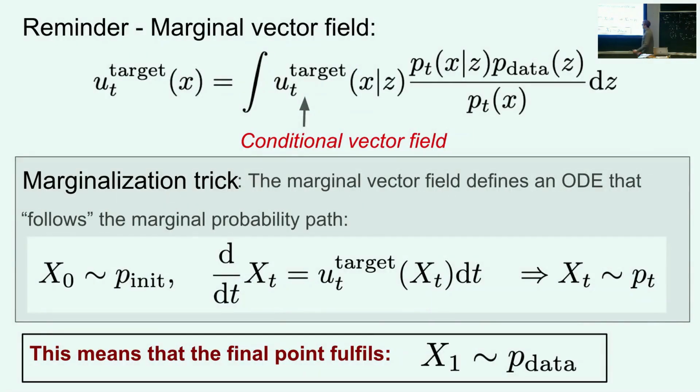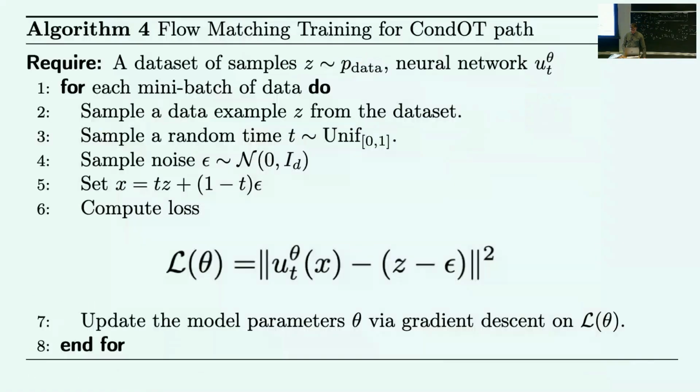This object never appears anywhere. This is a formula; we never have access to it. But by implicitly regressing against this object, we learn this marginal object. I think it's very magical that you learn something you've never seen. But over the course of training for a long time, you will have approximated it.